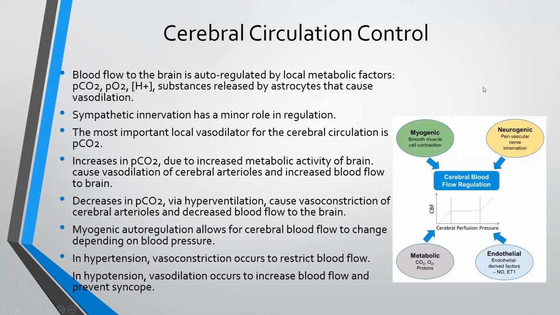So, control of the cerebral circulation. Blood flow to the brain is auto-regulated by local metabolic factors similar to the coronary circulation. But here, these factors include the partial pressure of carbon dioxide, the partial pressure of oxygen, the concentration of hydrogen ions, and substances that are released by astrocytes that cause vasodilation.